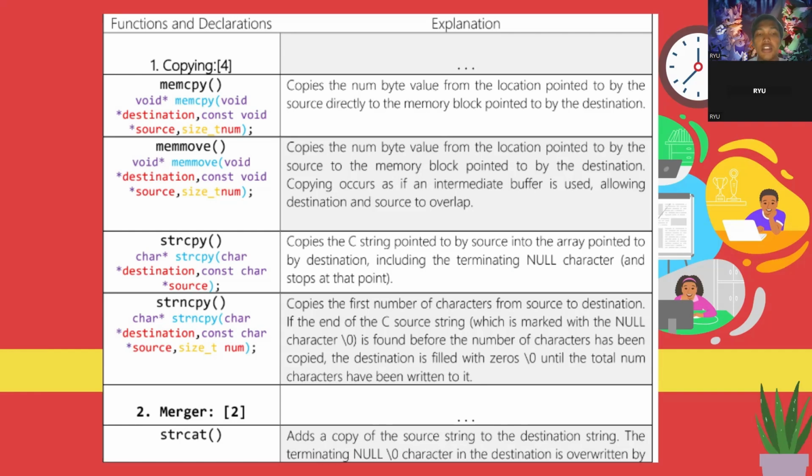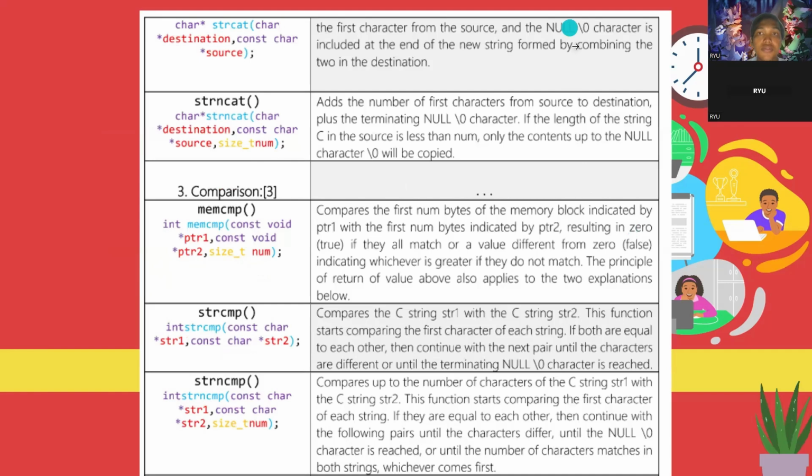Number 2 is merge. The first one is strcat. strcat appends a copy of the source string to the destination string. The terminating null character in the destination is overwritten by the first character from the source, and then a null character is included at the end of the new string formed by combining the two in the destination.